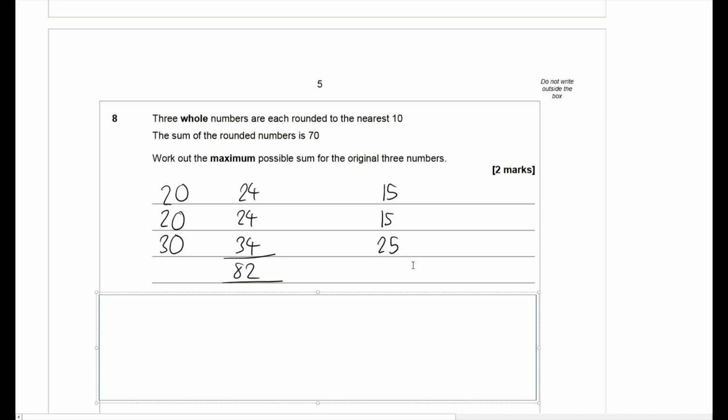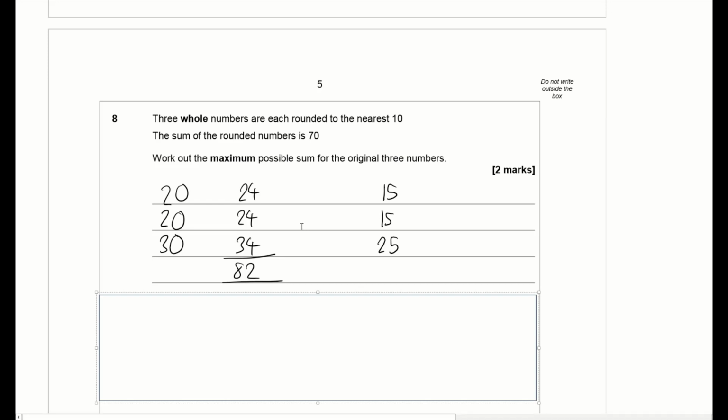It's always worth remembering, when you are asked to give values and you're dealing with a boundary problem such as this, with the rounding, always try and check whether you're dealing with a continuous value or a discrete value. Now if you're dealing with integers, whole numbers or anything to do with counting, you're dealing with a discrete value, so there will be a particular value that you can write down as your upper limit.